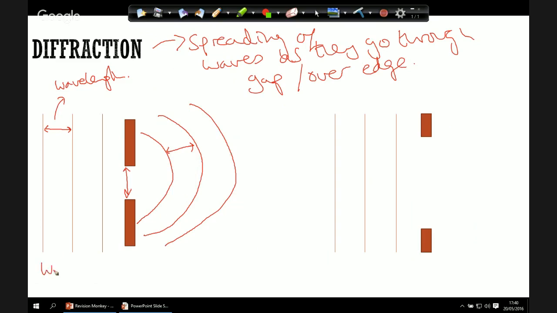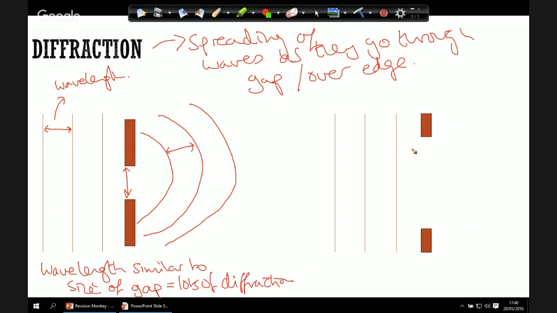So if the wavelength of the wave is similar to the size of the gap, sometimes they use the word magnitude of the gap, okay, so the size of the gap, then you're going to have lots of diffraction, lots of spreading out.